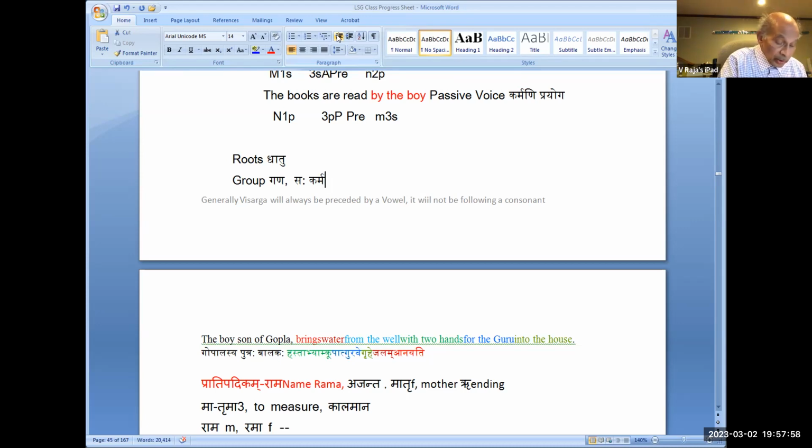Or you have to know it is not sakarma, but akarma. It doesn't take an object. So with karma or without karma. The simple thing is, we simplify this: it is saka or aka.